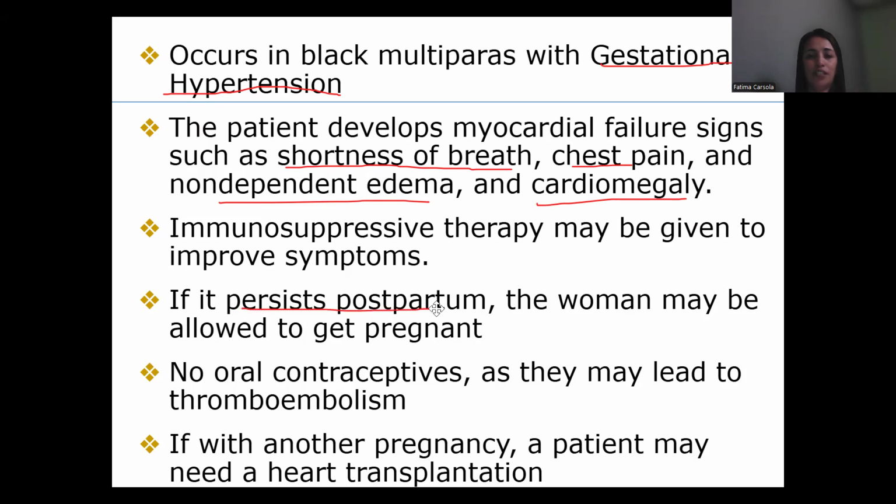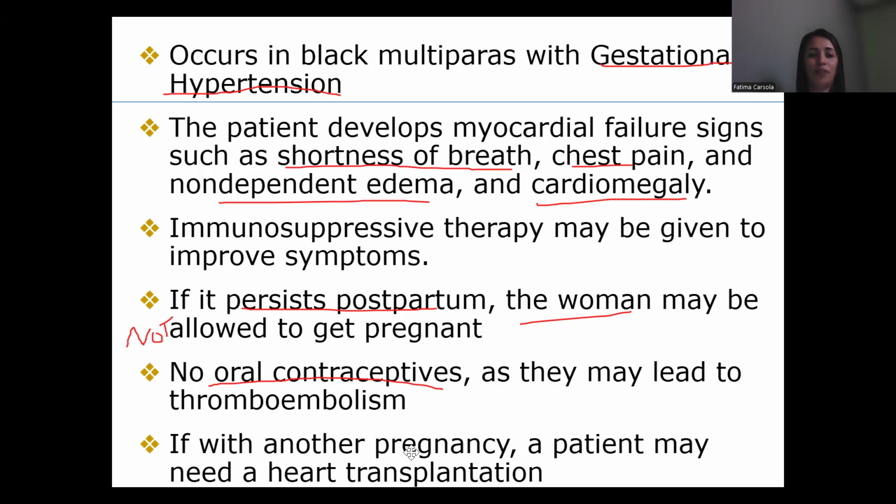If it persists, postpartum, the woman may not be allowed to get pregnant. So this time you could not use oral contraceptives such as your COC, the combined oral contraceptive that contains both estrogen and progesterone.